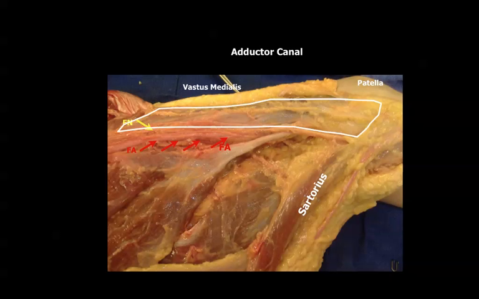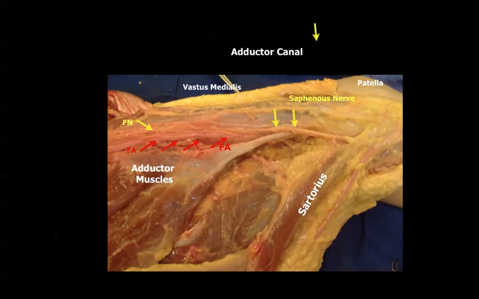You will see that we still see the vastus medialis, the adductor muscles, and the saphenous nerve at this point crosses over the tendinous insertion of the adductor muscles here and passes distally deep to the pes anserinus. The saphenous nerve will emerge in the lower leg from underneath the pes anserinus to run in the subcutaneous tissue.